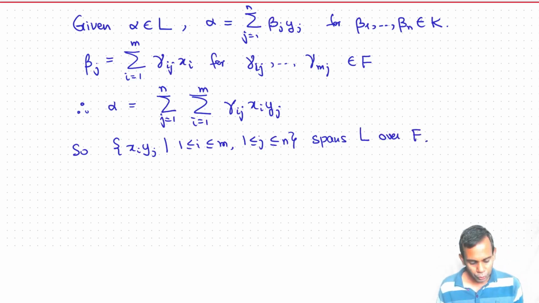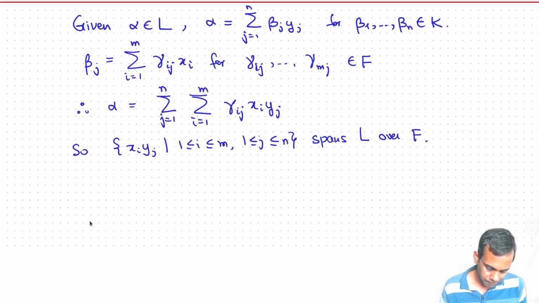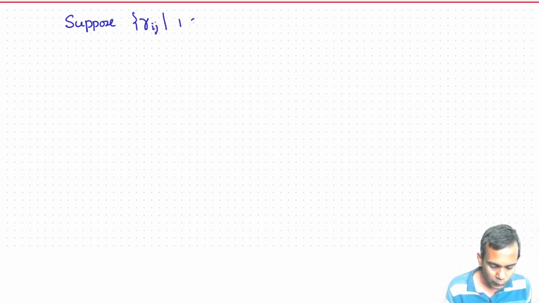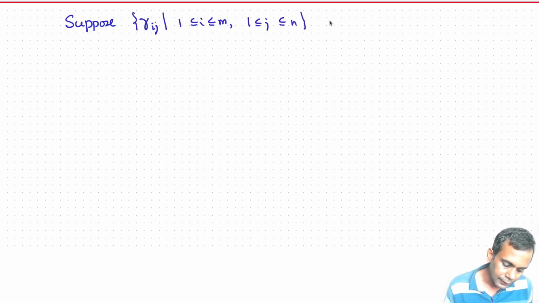It remains to prove linear independence. So now for linear independence, suppose we have scalars gamma ij, for 1 less than or equal to i less than or equal to m, 1 less than or equal to j less than or equal to n.